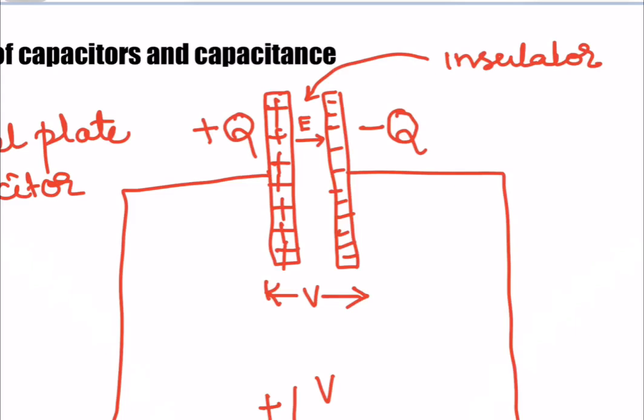It may be air, or vacuum, or rubber, or plastic, or a mica sheet, whatever it is. So, this is about the parallel plate capacitor.